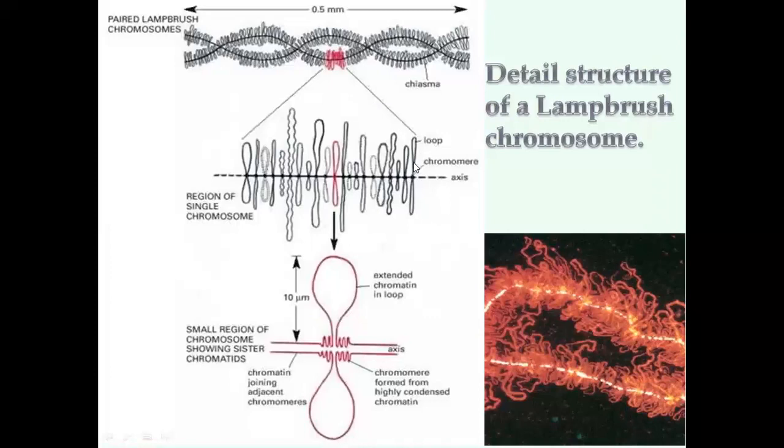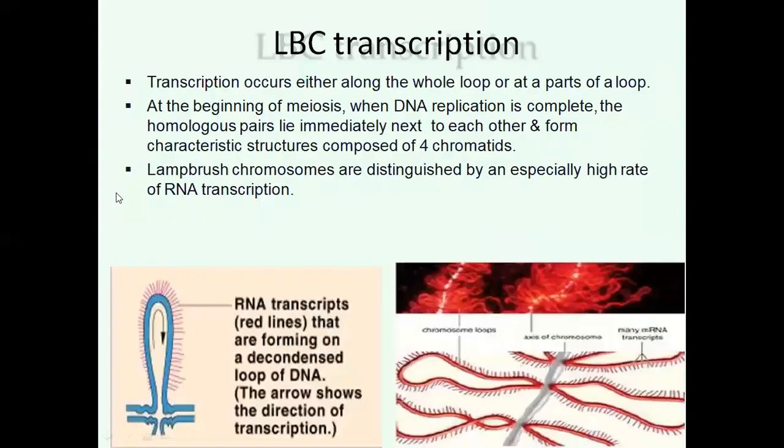These lateral loops are symmetrical structures; both lateral loops are the same, like mirror images. This is the axis and it is 10 micrometers. These extended loop-like structures contain highly condensed heterochromatic regions. Transcription occurs either along the whole loop or at parts of the loop.